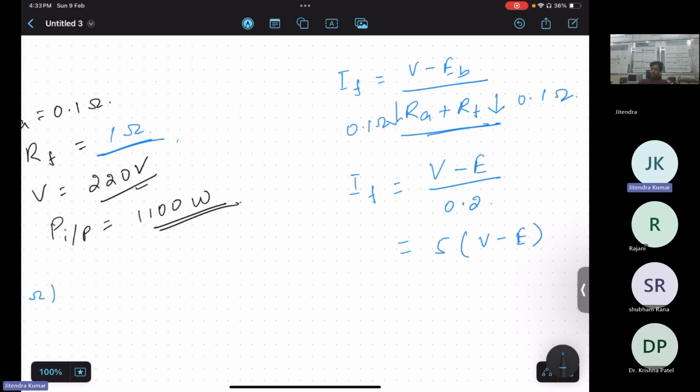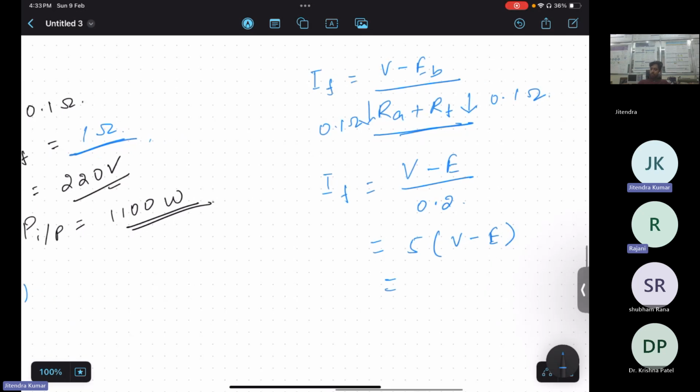So what can you see, the serious issue with this equation? At zero speed, what will happen? At zero speed, this value of E will be zero, at 0 RPM. Why? Because E is nothing but a direct function of speed.